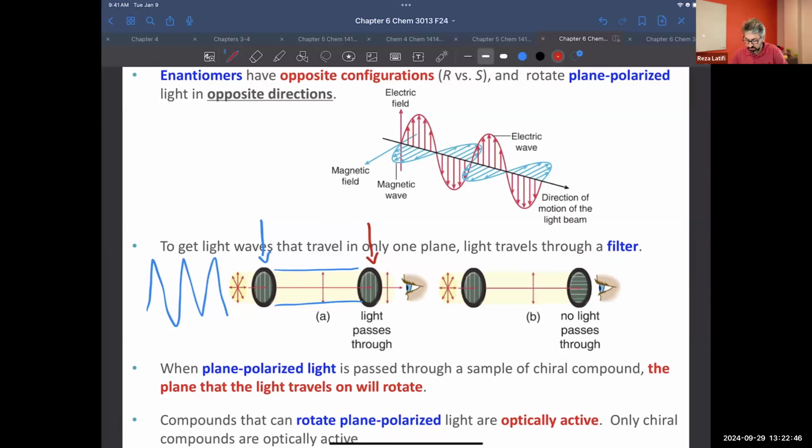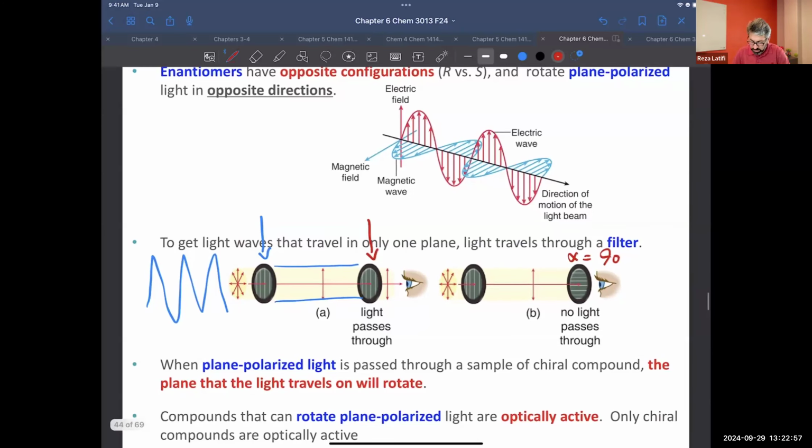But if I rotate that filter by 90 degrees, as you see here, the input light is going up and down, and that's fine until it reaches the second filter. Because it's perpendicular to the first filter, it will shut down any wave coming to it. Technically, we're not going to see any light, and it will be completely dark.